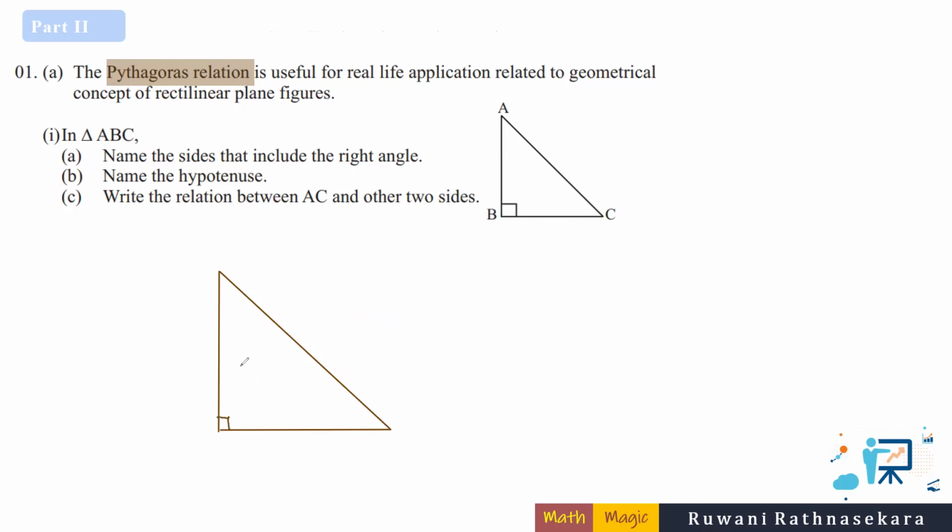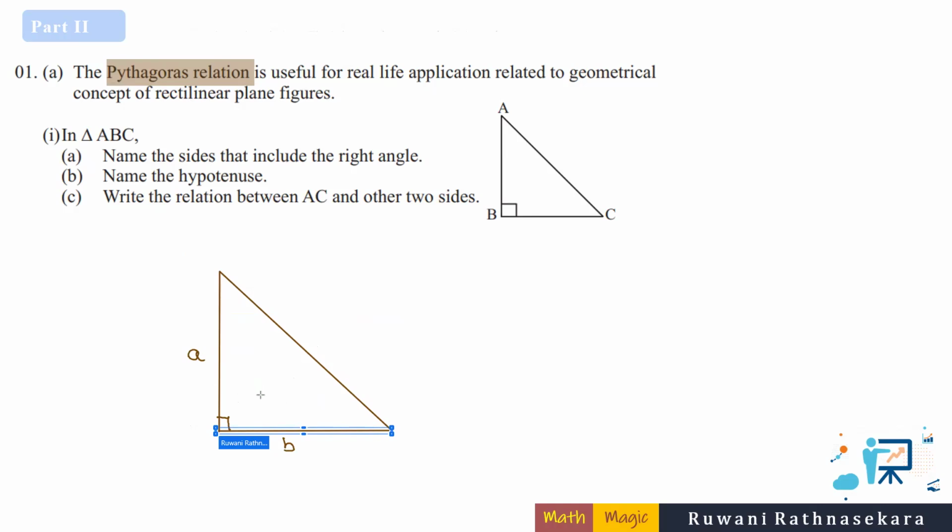And the two sides of the triangle including the right angle are called the sides including the right angle. Therefore, if this side is A and this side is B, A and B are the two sides including the right angle of this triangle. Actually, they are the arms of the right angle.